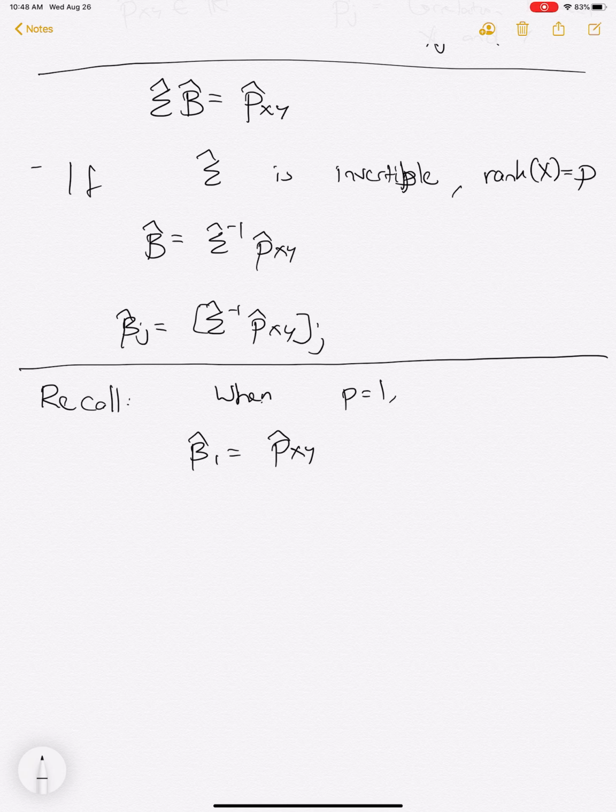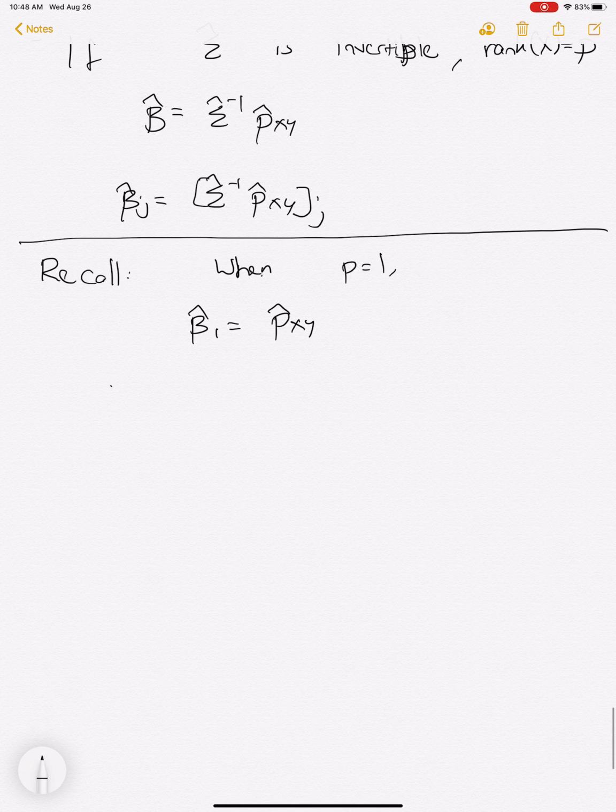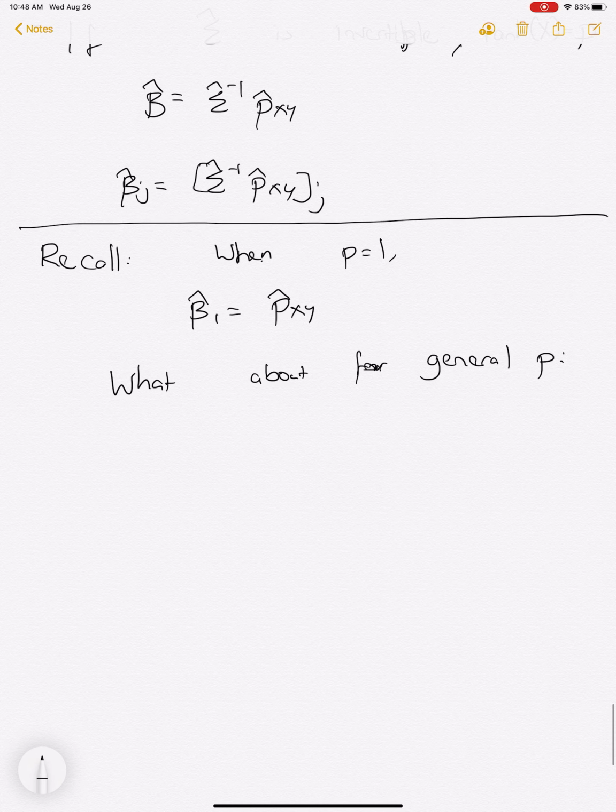Remember that when p equals 1, we had that beta hat 1 equals rho hat xy. So what about for general p? Does this conclusion still hold? And the answer, as you can hopefully see, is no. For general p, we have the rho hat xy there, but we now have to multiply it by the inverse.